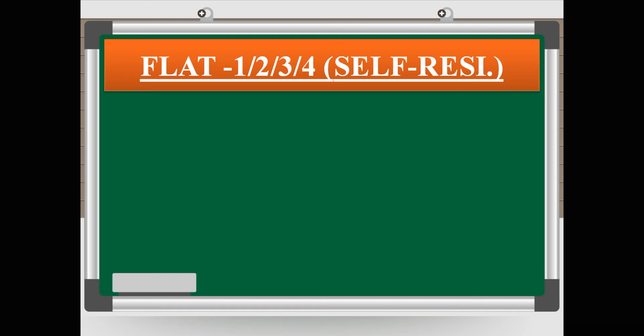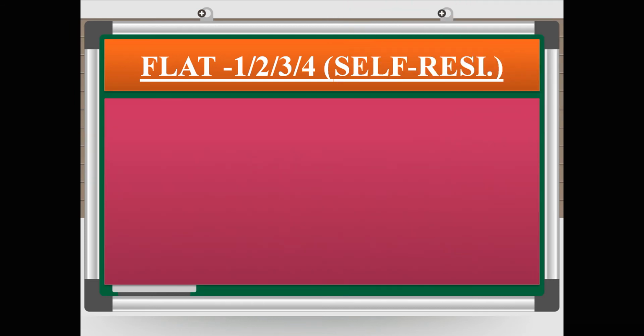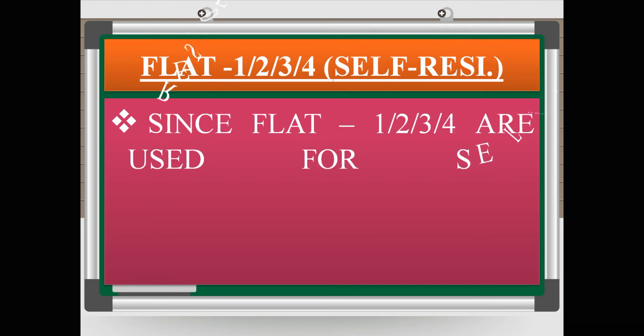That really does not make any difference, right? Now what to do with the self residential flats? You know that the gross annual value of self residential house property is always 0, and we pass a note for that. Now let us pass a note. Here is the very common note.